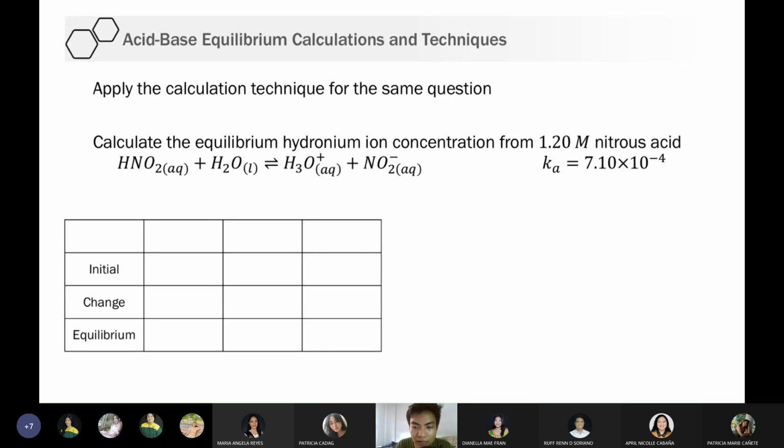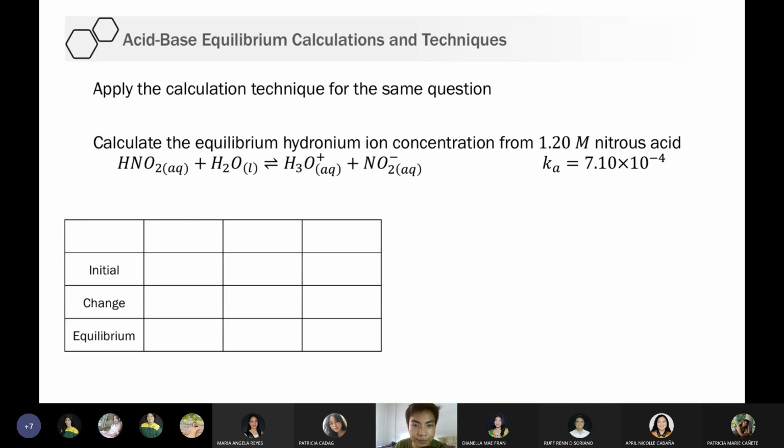Given the previous item we answered last time, let's answer it again, but this time let us see if we can use the small x approximation. It says: calculate the equilibrium hydronium ion concentration from 1.2 molar nitrous acid, given the reaction and the Ka.